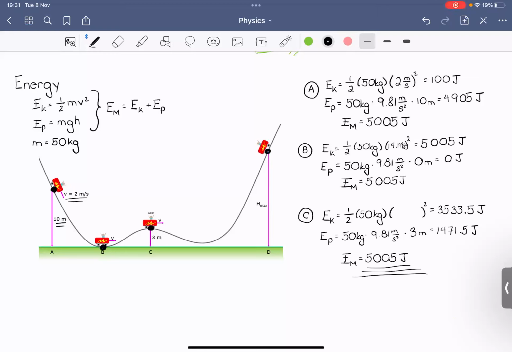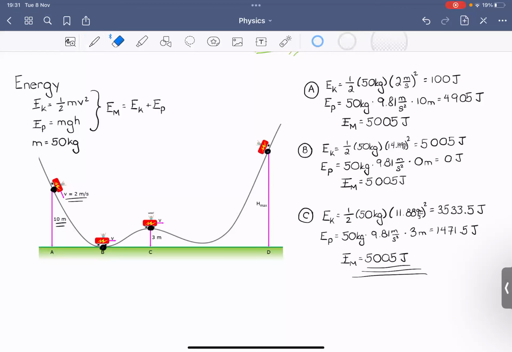With that information, I can do just as I did before and isolate for my velocity. So that divided by our 25, and then the square root. Therefore, my velocity is 11.889 meters per second.